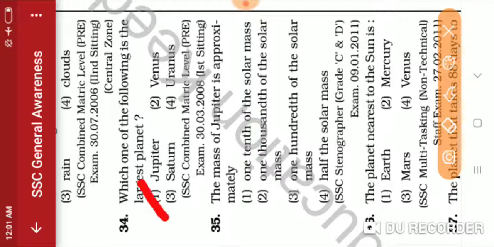Of course, Jupiter is the largest planet. The mass of Jupiter is approximately how much? It is 1,000th of the solar mass. That means 1 in 1000. Okay. Next question.